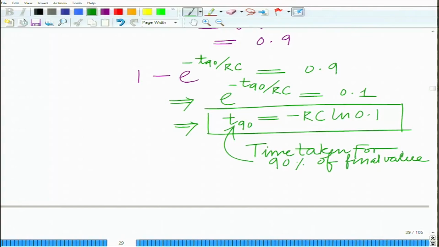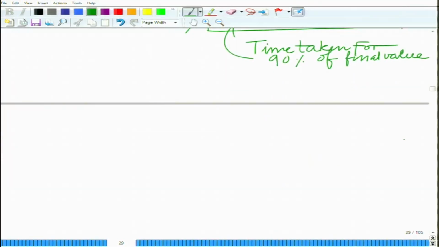Therefore, the rise time is basically the time taken to go from 10% to 90% of the final value.